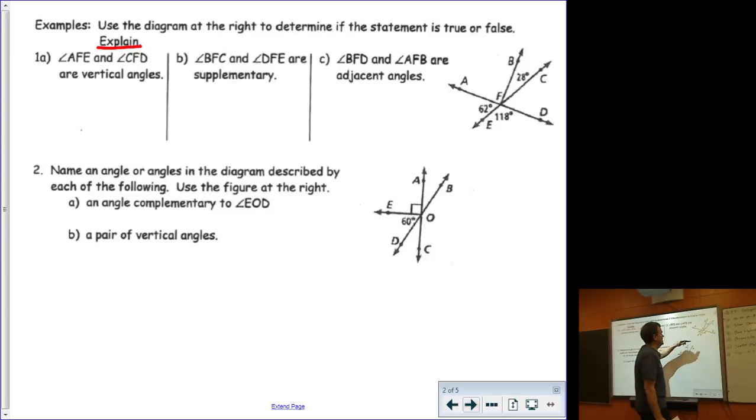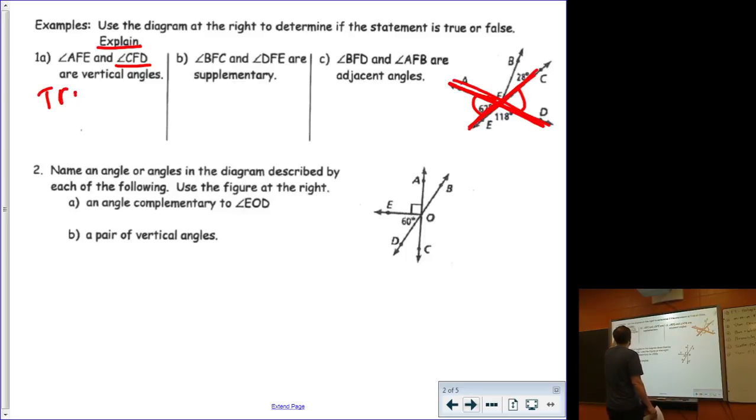Angle AFE and CFD are vertical angles. Well, AFE is here, CFD is here. They are made by 2 lines crossing, so they are vertical angles. This is true.